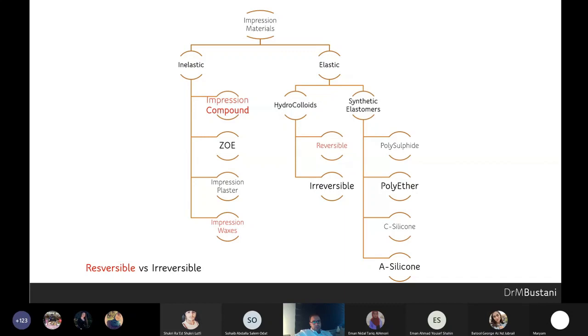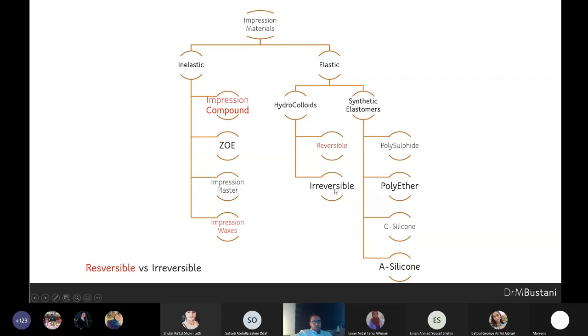And I've highlighted the main materials that we'll be using in dentistry now: A-silicone and polyether. Polyether is a little bit rigid, so sometimes we don't like to use it around teeth much; it's mainly used with implants. Irreversible alginate is probably the most commonly used impression material in the world.